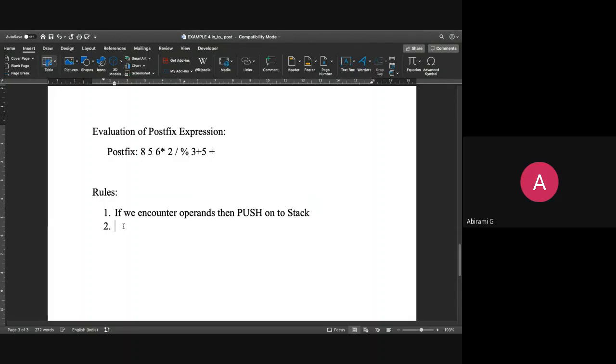If you encounter an operator, then perform the corresponding operations, and push back the result onto the stack.